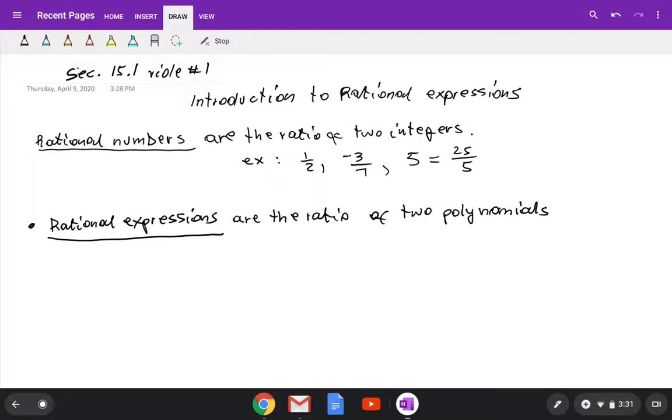Usually they have the form P over Q, such that Q cannot be equal to 0, okay? And P, Q are polynomials. They can be expressions, but I'm just going to say they are polynomials.